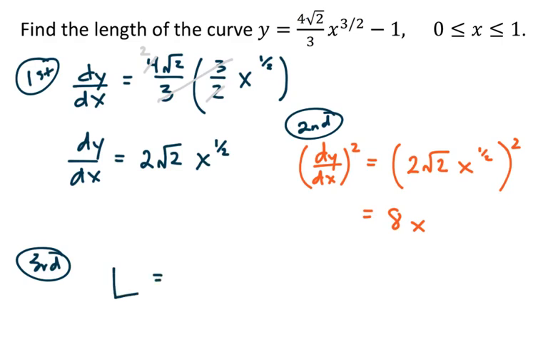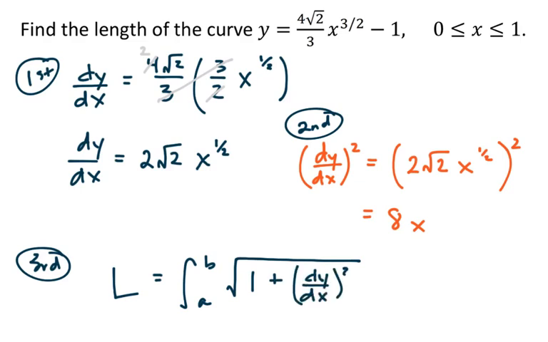The third piece here would just be to use our arc length formula. And my arc length L can be found as the integral from A to B of the square root of 1 plus dy dx, whatever that quantity is, squared, integrated with respect to x.